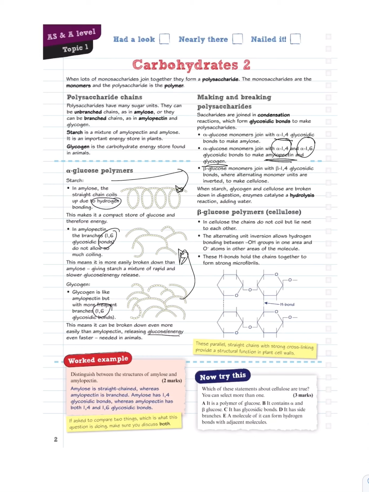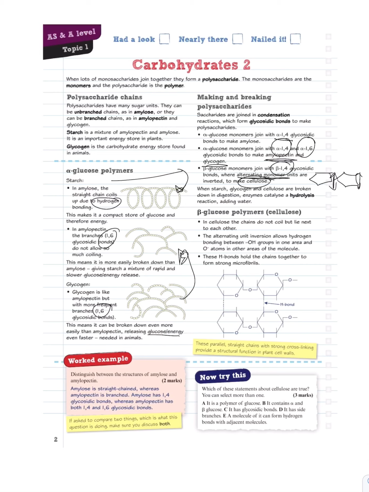Beta glucose monomers form beta 1,4 glycosidic bonds, and the monomers alternate, so each one is flipped over, and that's in cellulose. When starch, glycogen, and cellulose are broken down in digestion, enzymes catalyze a hydrolysis reaction, which inputs water to break the bonds.